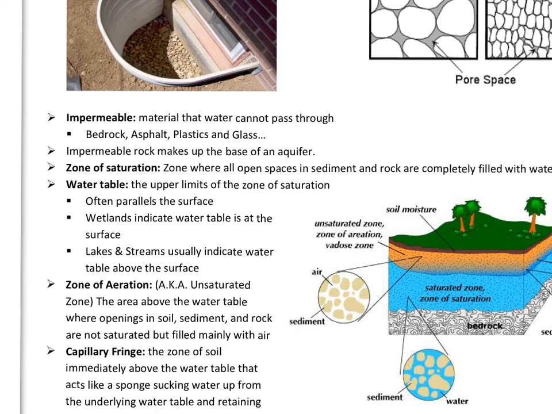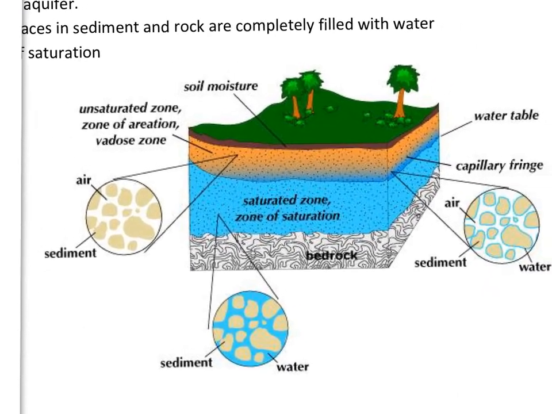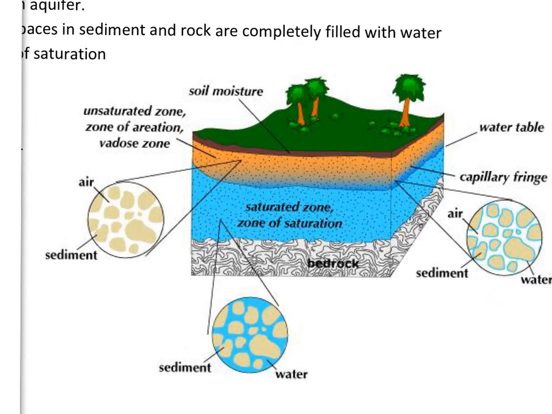All right, I know I've thrown a lot at you guys today. I want to encourage you when you do your reading and outlining to reference back to these different things that I'm trying to make mention of. Over here, another version of a groundwater diagram where you have your bedrock, you have your saturated zone, your water table, above that your zone of aeration or unsaturated zone.